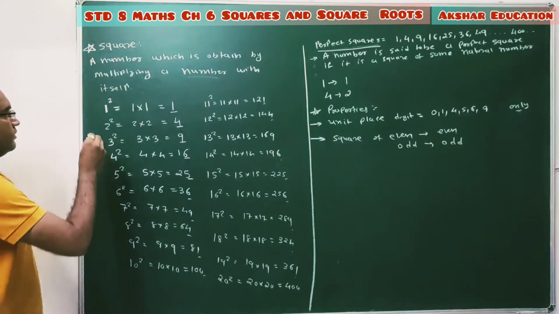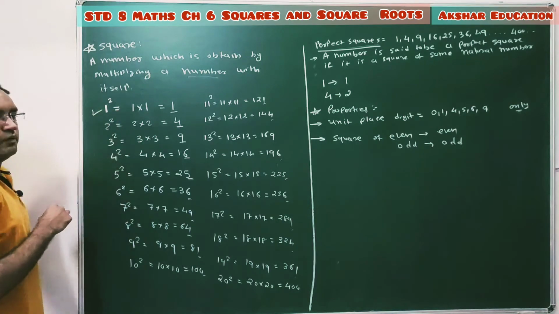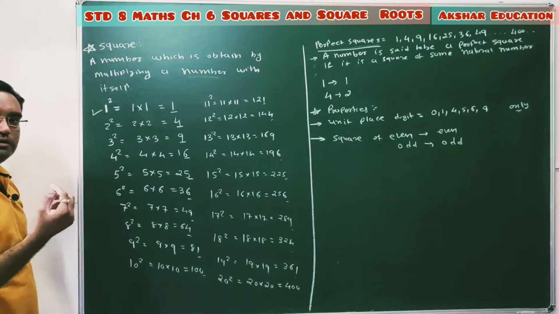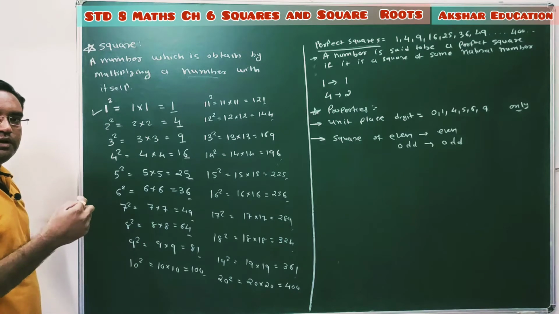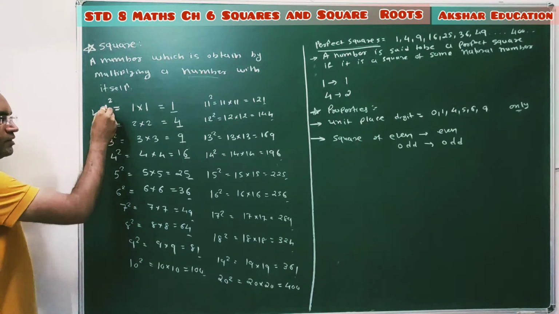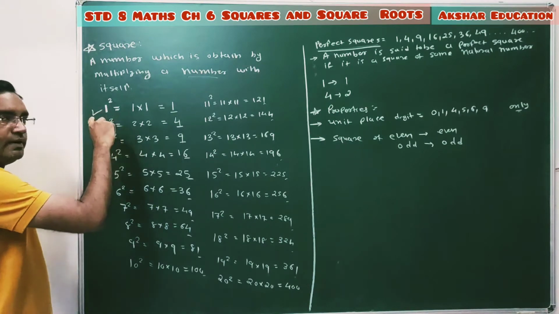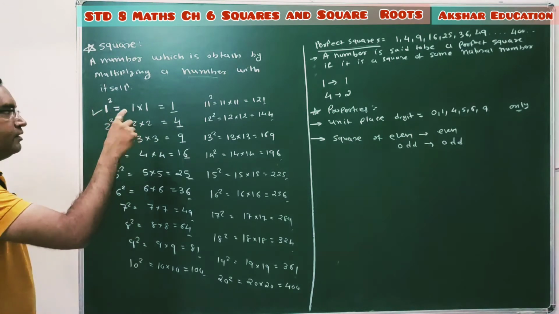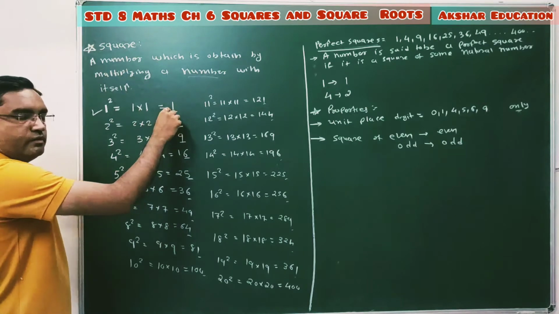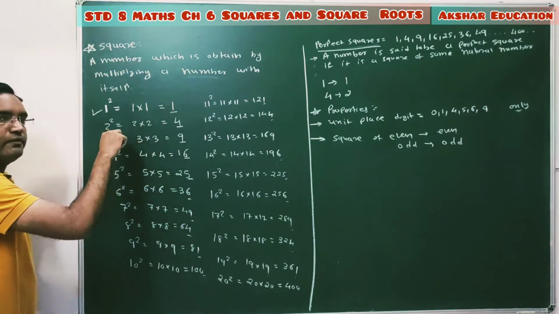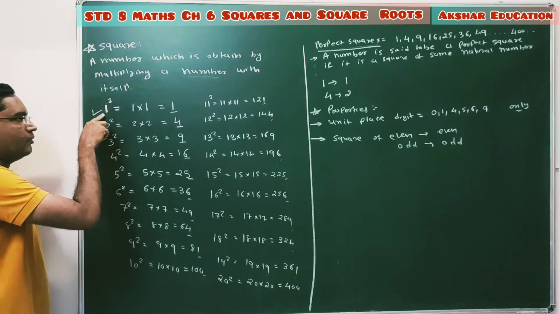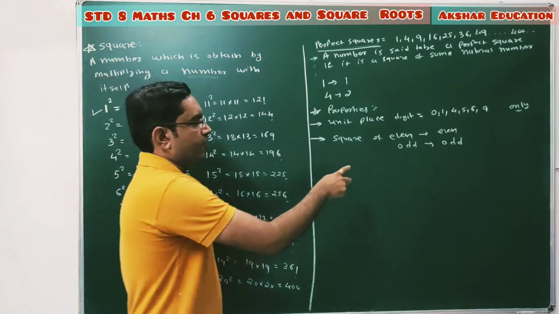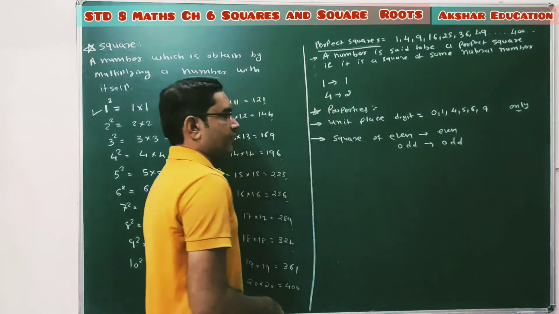For example, let us now consider the 1 square. Now 1 is which type of number? Even number or odd number? 1 is the odd number. So if we take the square of 1, we are getting 1. So 1 is the odd number and its perfect square is 1, which is also odd number. So here we can say that square of odd number is always odd number.